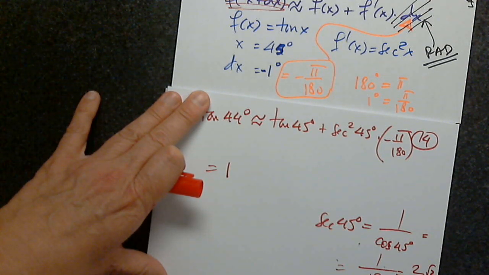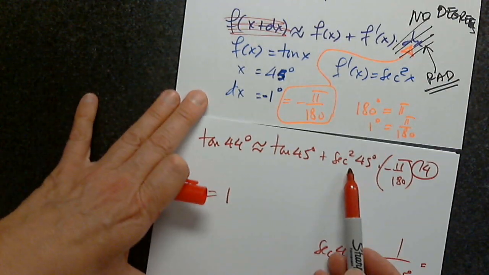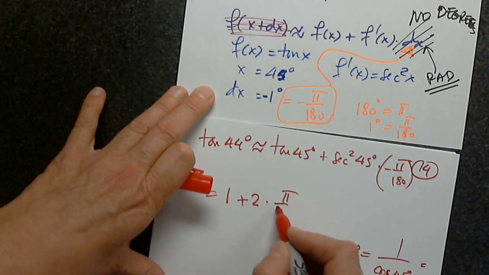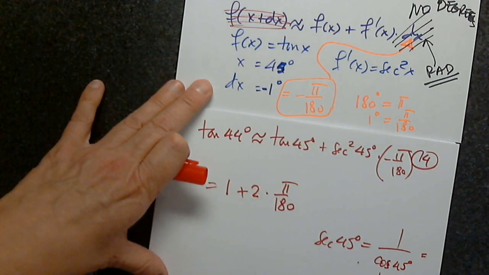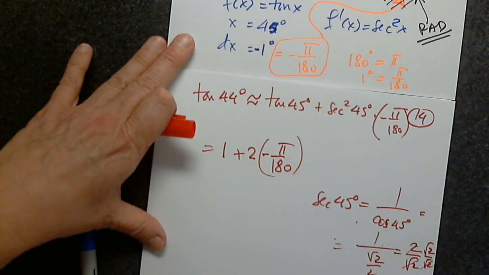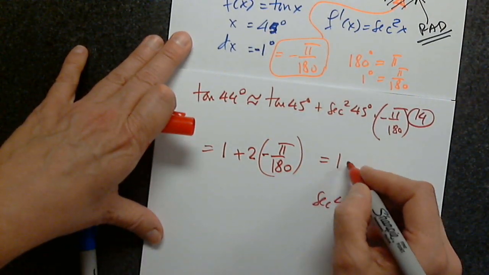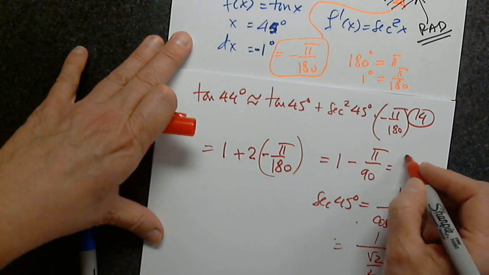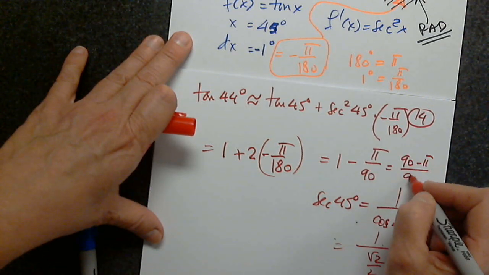So when you rationalize, you get the square root of 2. But the square root of 2 squared will be 2. With minus, of course. So this is basically reducing to negative 1 minus pi over 90. Or 90 minus pi over 90.